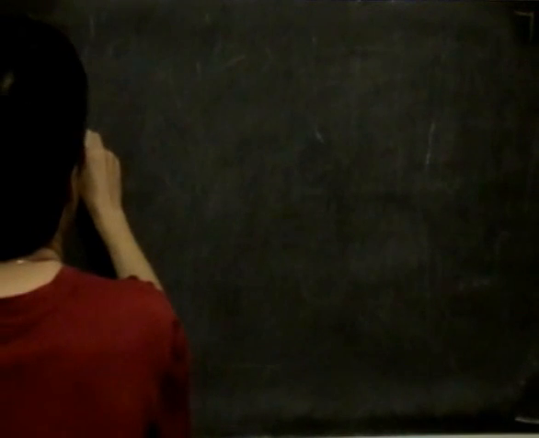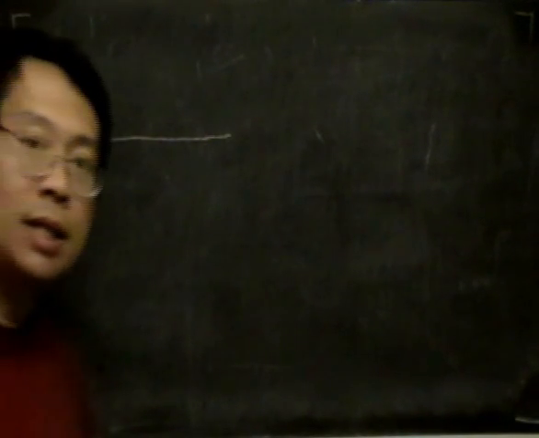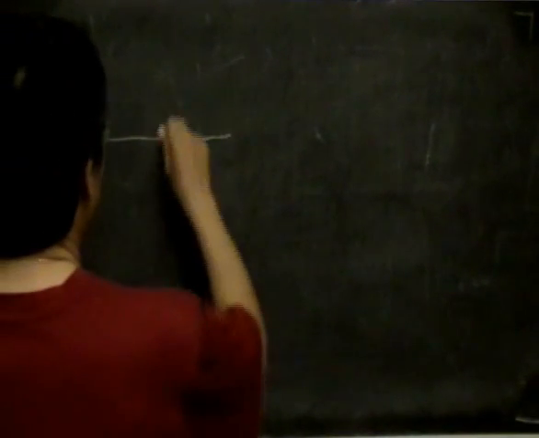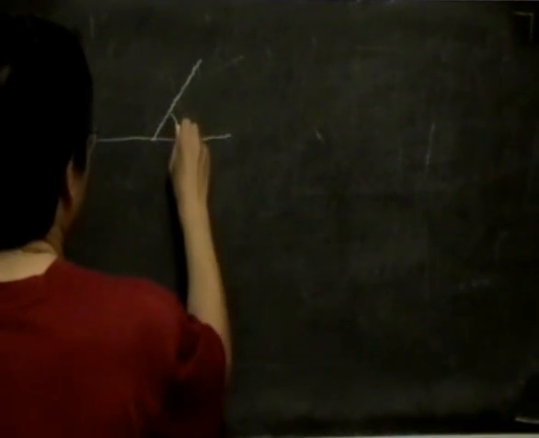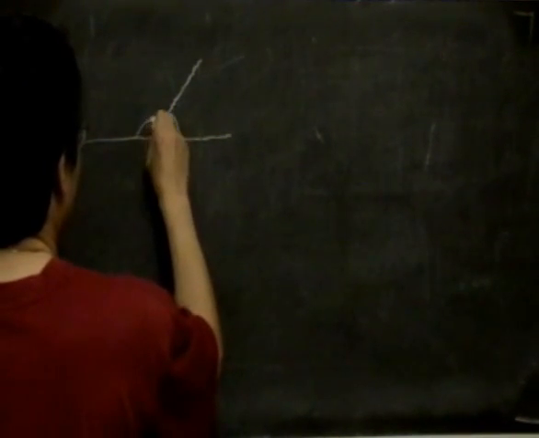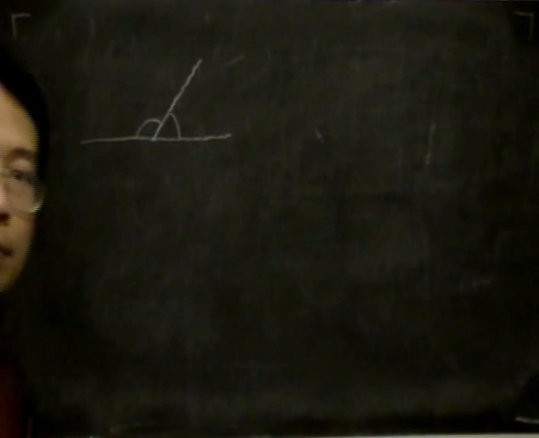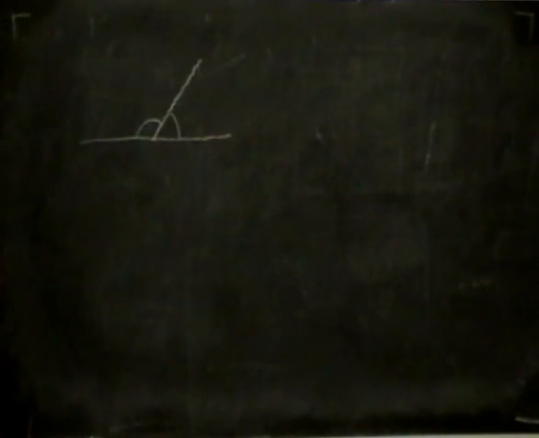Let's start with angles on a straight line. Now, suppose that I have a straight line like that, and from a point in the middle, I have another line. You can see that there are two angles here and here, right?